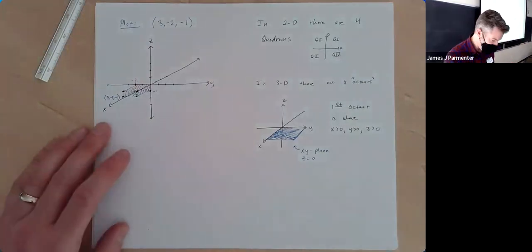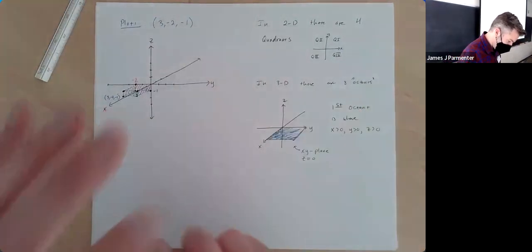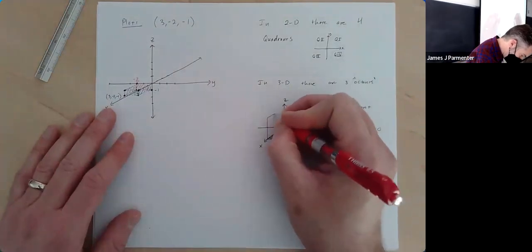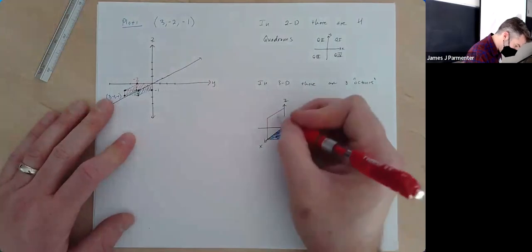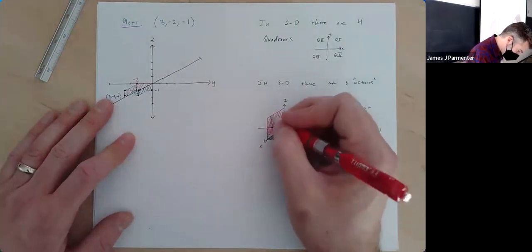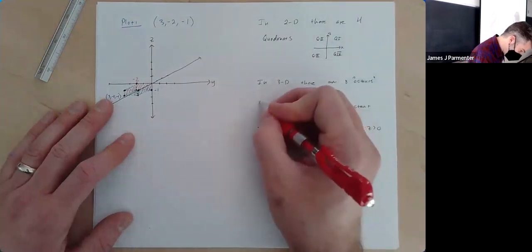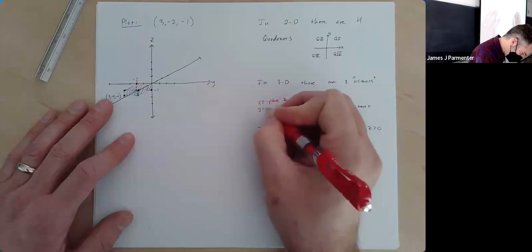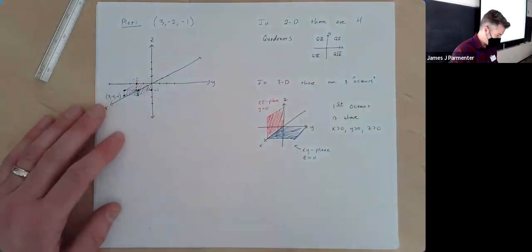In the same sort of way, if we look at the XZ plane here, or the left wall, as I like to think about it, this XZ plane is where Y is equal to 0. Because you haven't moved left or right.